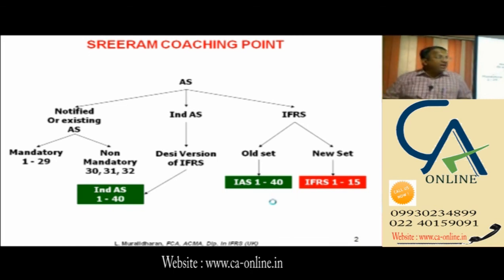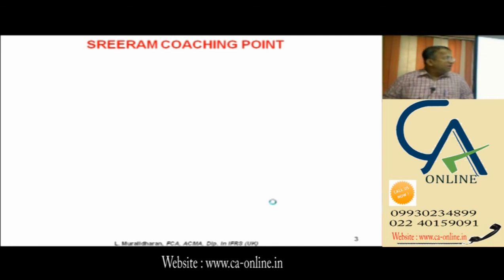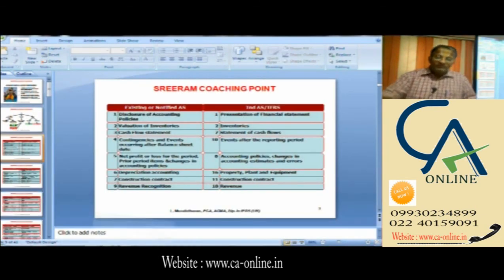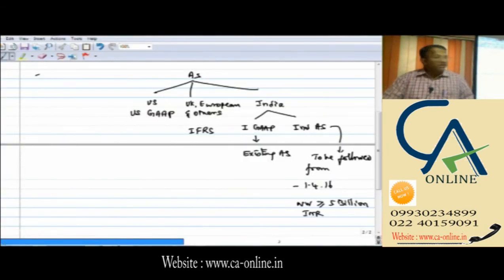For the new set, what they are putting out is a very simple one: Ind AS 101 to 150. They are not changing the Ind AS prefix, which will be common. Are you understanding the background? From here you just make a note.